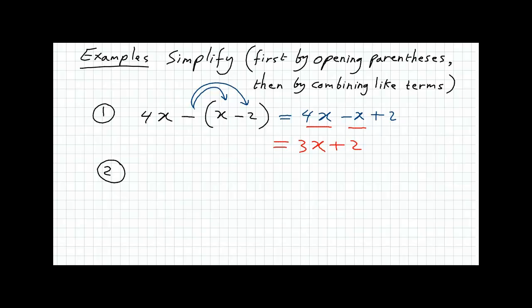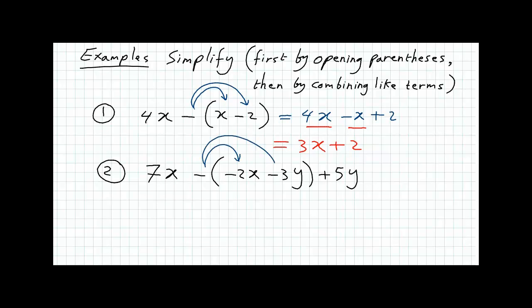Example 2. The same here. To open parentheses, we should change signs for both terms inside it. So no change for the first term, 7x. Changing signs inside the parentheses, it will be plus 2x plus 3y. And the last term here will come down without any change because it is out of the parentheses.